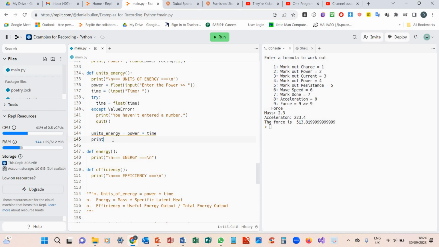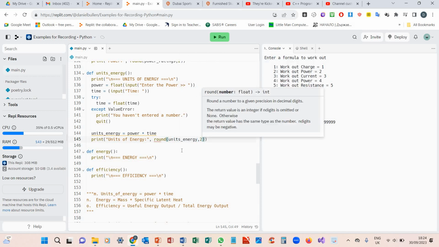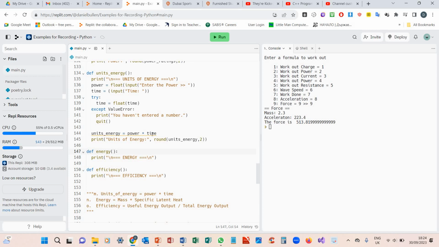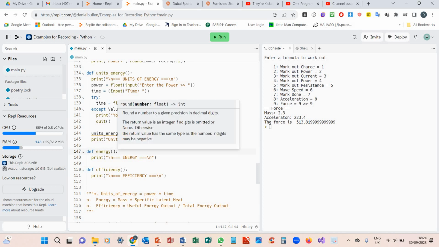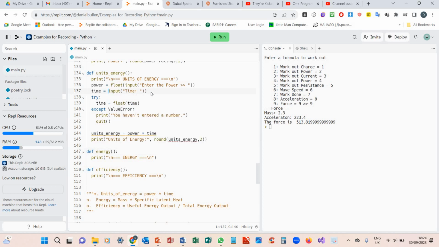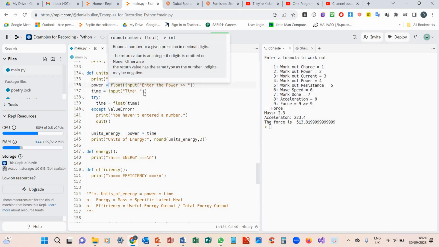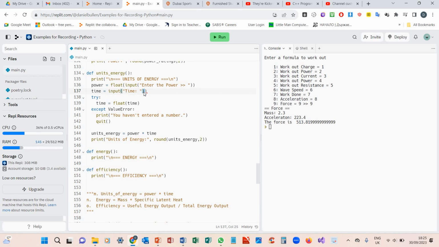And then we're going to print units of energy, and we're going to do round units energy to 2 decimal places. They should all work. Maybe that might make more sense. If there's exception handling, we don't need that. So units energy.